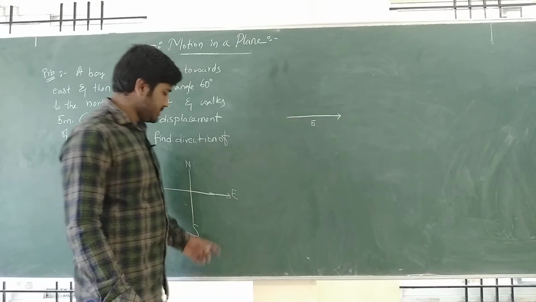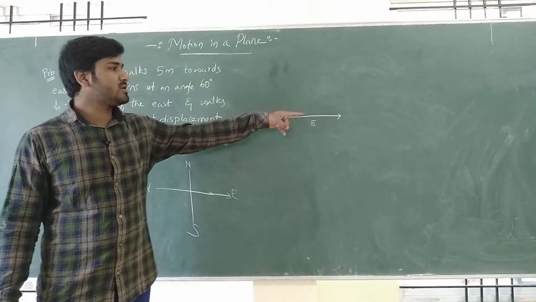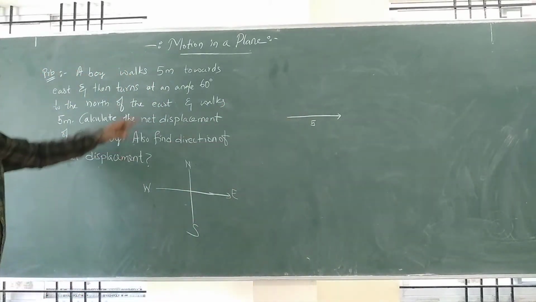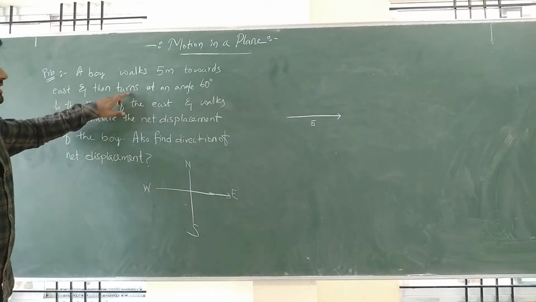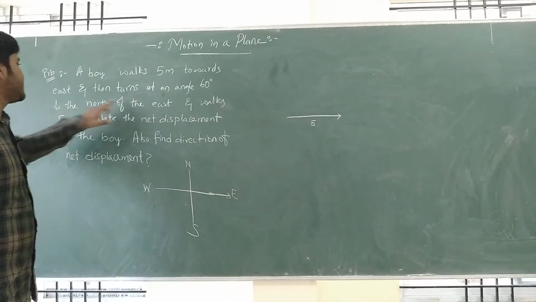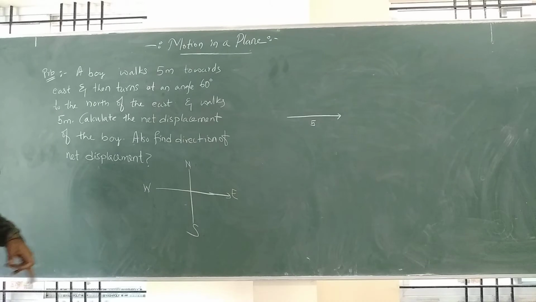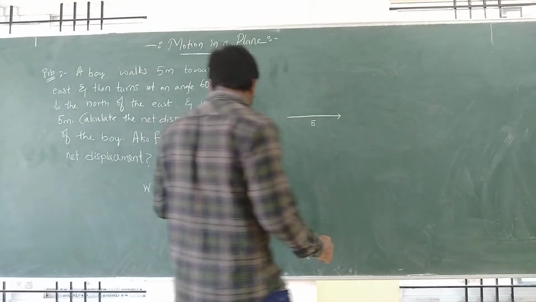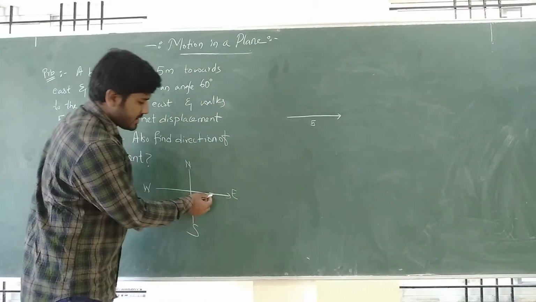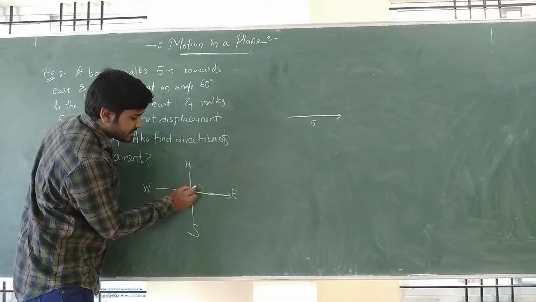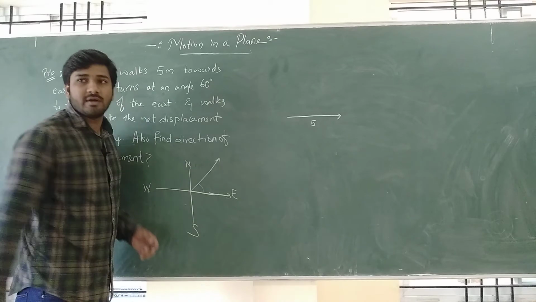Correct? A boy walks 5 meters towards east and then turns at an angle 60 degree to the north of the east. That means this is east, and from here he went at 60 degrees towards the north.